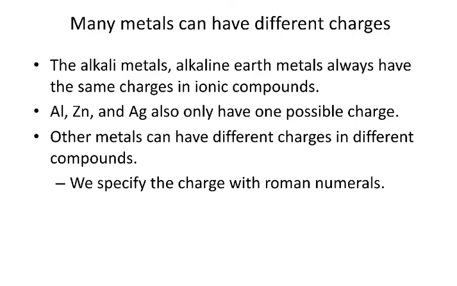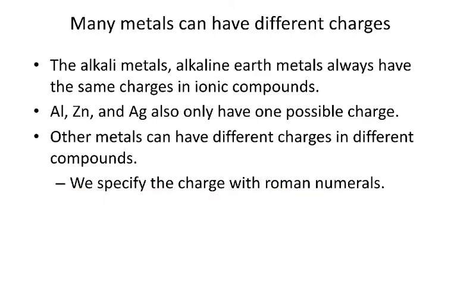Okay, so this is a little bit of a rehash. We know the charges on alkali metals and alkaline earth metals when they're ions, and when aluminum, zinc, and silver are ions, we also know their charges. Every other metal can have multiple possible charges. So in order to write the formula, we have to know what the charge is, and basically somebody has to tell us. If they ask us to write the formula, they've got to tell us the charge. In written form, we do that with Roman numerals.